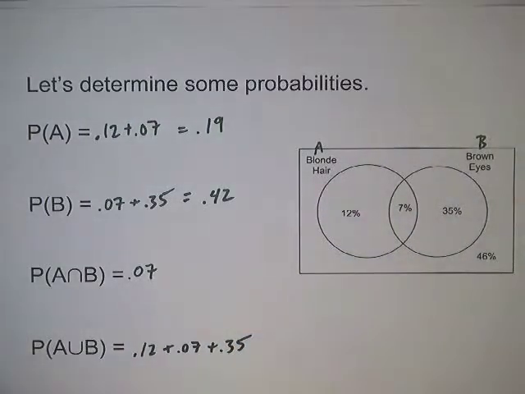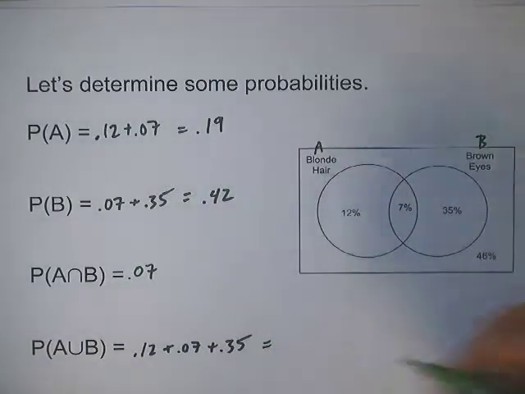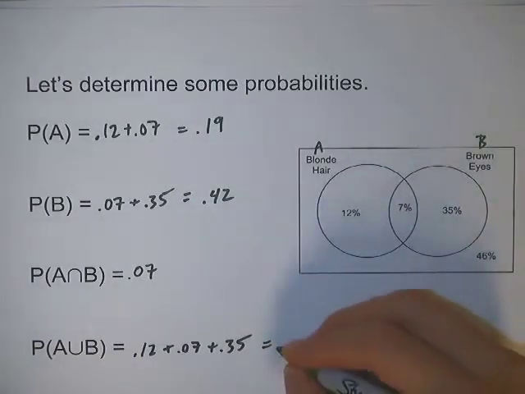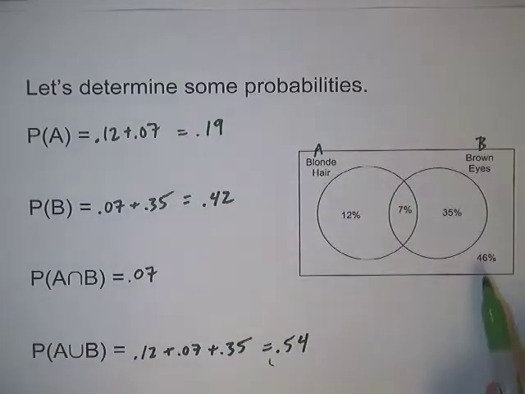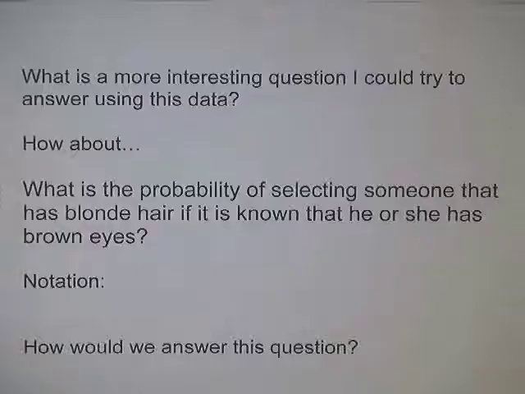If we add all of those, that will give me 0.54. This number should be the complement of this number, and it is. These two add up to 1. So there's a 54% chance that somebody has either blonde hair or brown eyes or both. That shouldn't really be anything new yet.